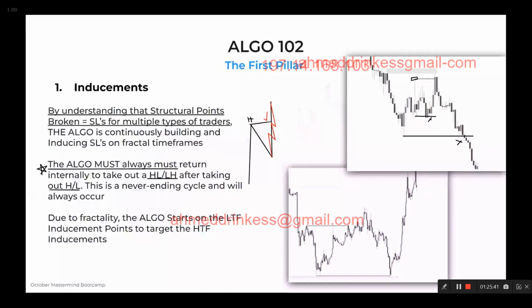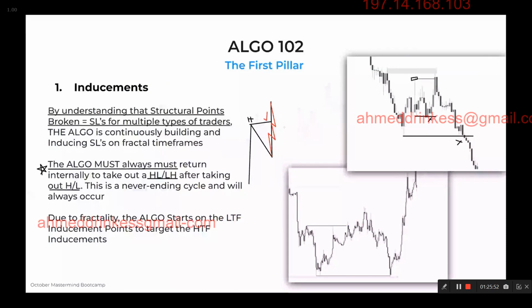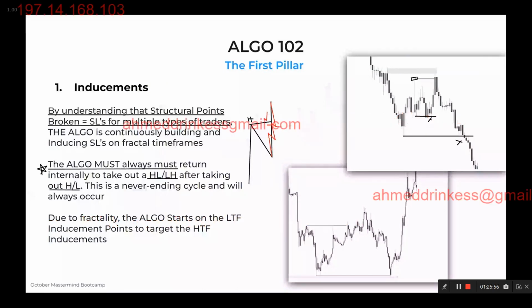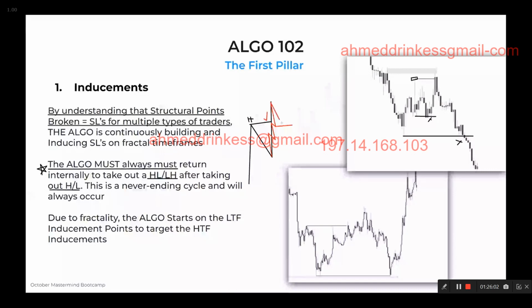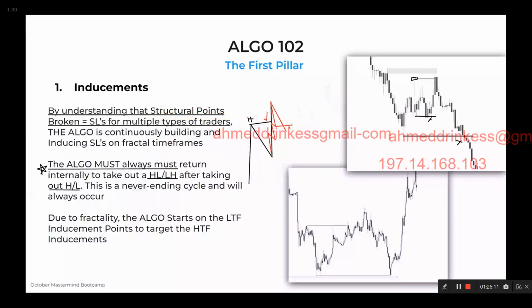Where's the immediate place that the opposite side of the trend is going to have stop losses? Right here. If we have sell stop losses rated, now we need to rate buy stop losses. The first area within this range where buy stop losses are going to occur is right here. We need to know as soon as this gets collected, the first internal point is where price must always come back to. This is what always needs to happen.